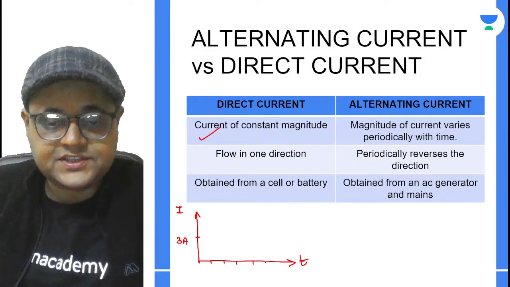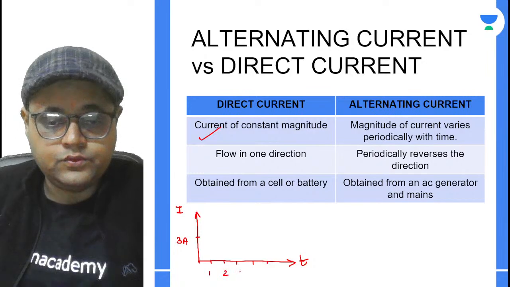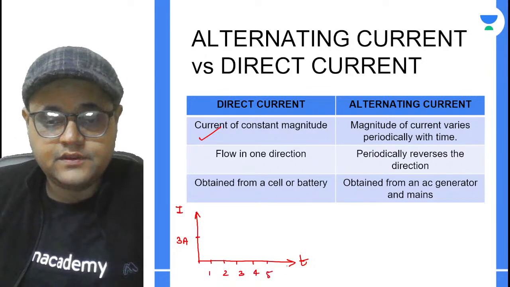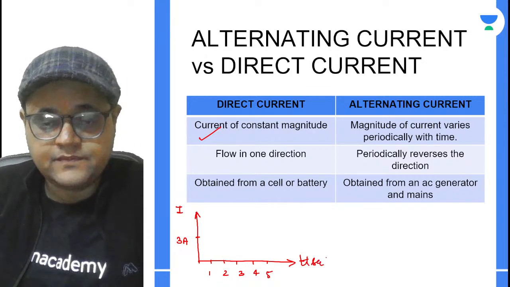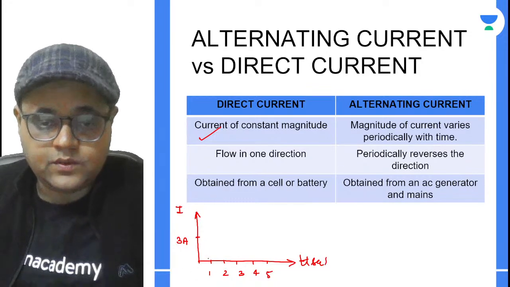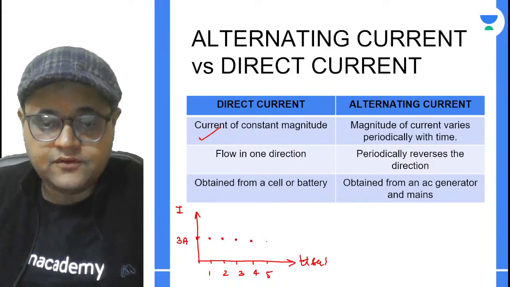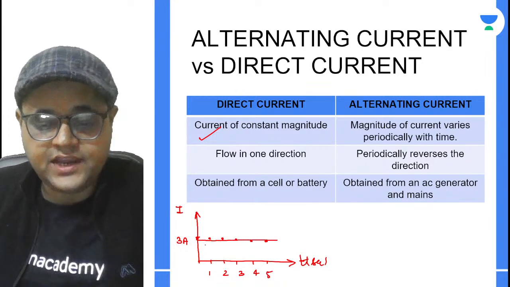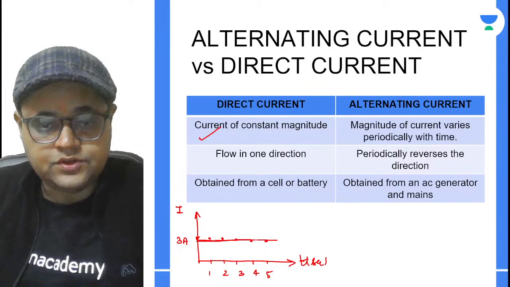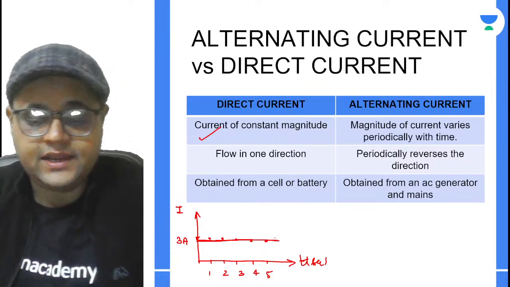These are different instances, say 1, 2, 3, 4, 5. The time axis is in seconds. So what I observe is that at t equal to 0 the current was 3, at t equal to 1 the current was 3, at t equal to 2 the current was 3, and at 3, 4, 5 it is the same. If I join these dots, what I get is a straight line.